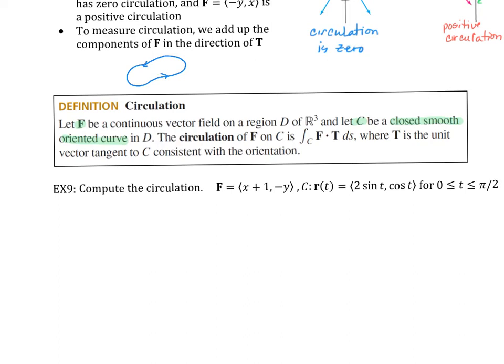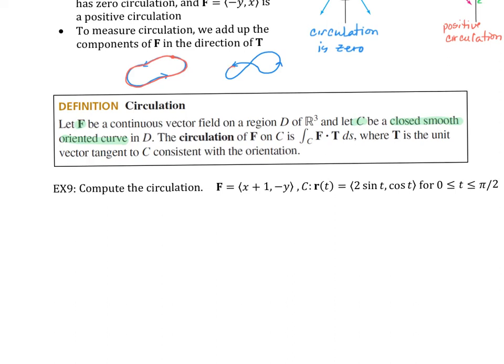So closed just means that we start at one point, we go around our curve, and we end where we started from. It's possible with a closed, smooth curve to have it overlap on itself. And that's fine, as long as it has some sort of orientation.